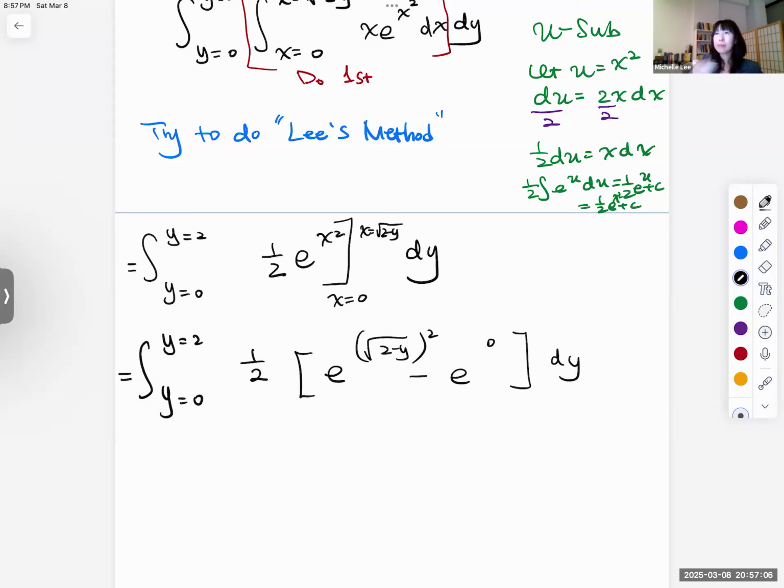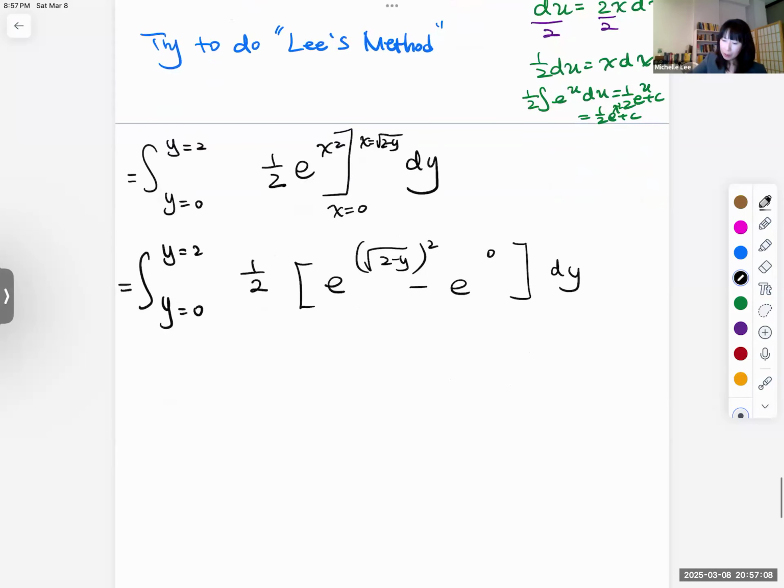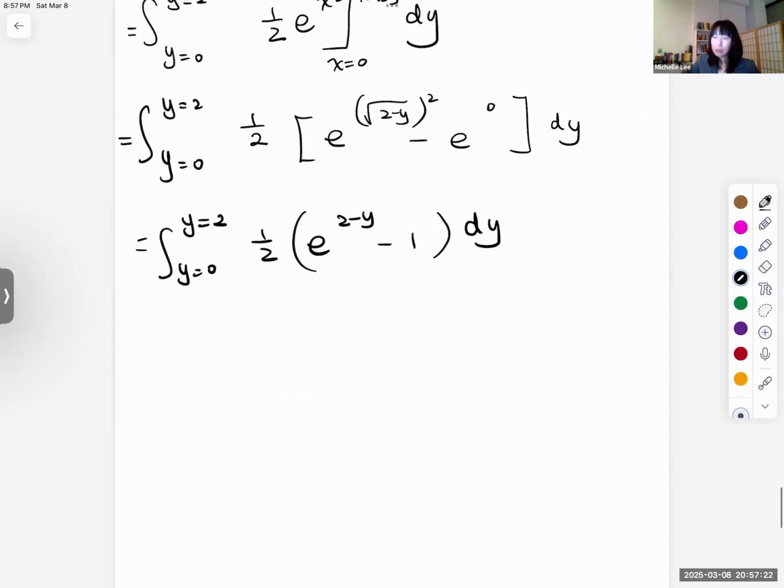Okay, dy. All right, so that would be y equal to 0 to 2. Then 1/2 e to the 2 minus y minus 1, dy. Okay, let's integrate with respect to y.